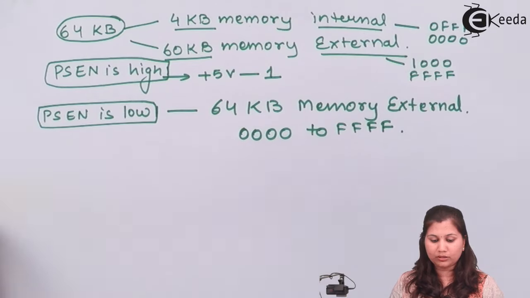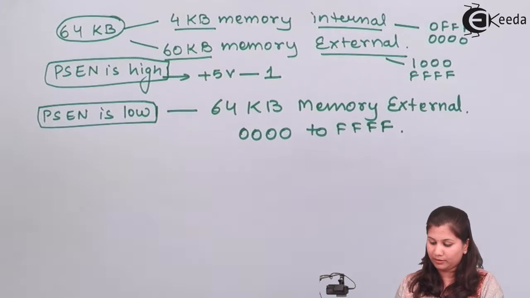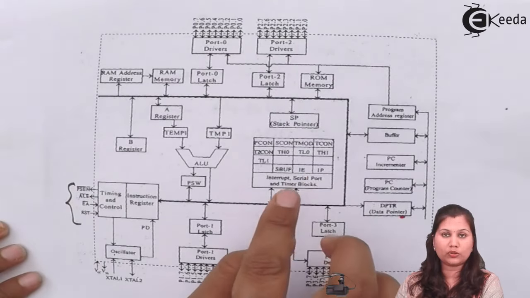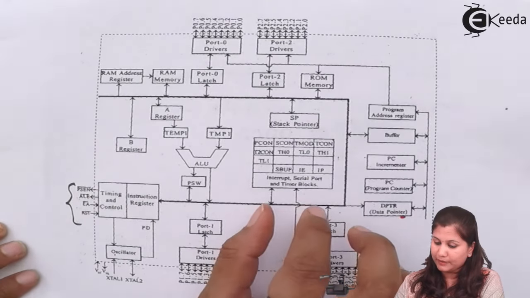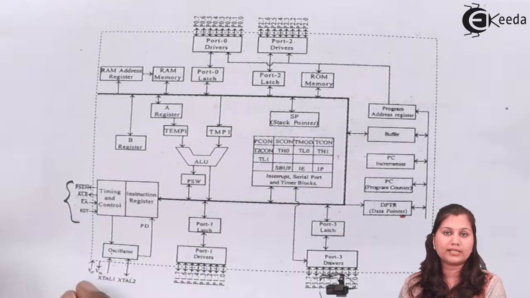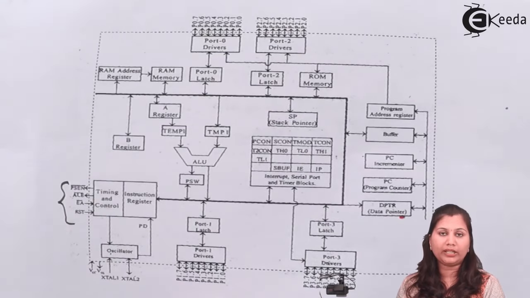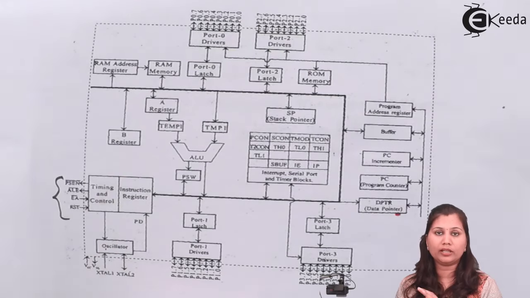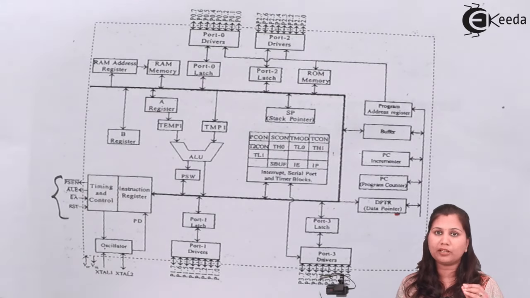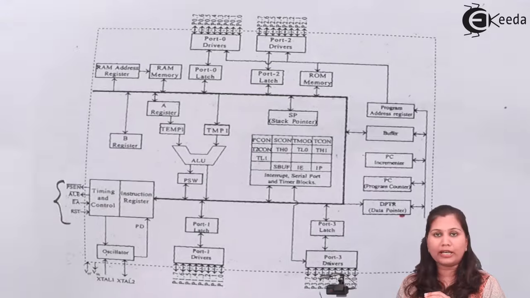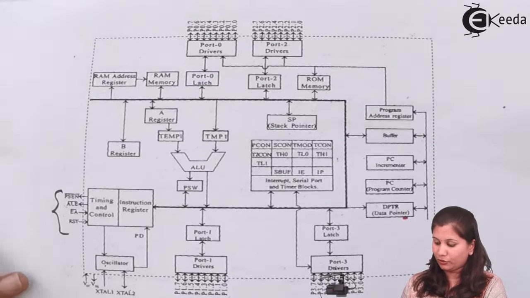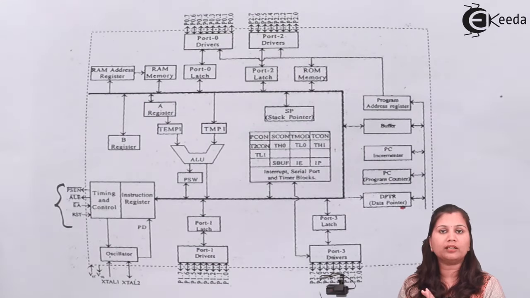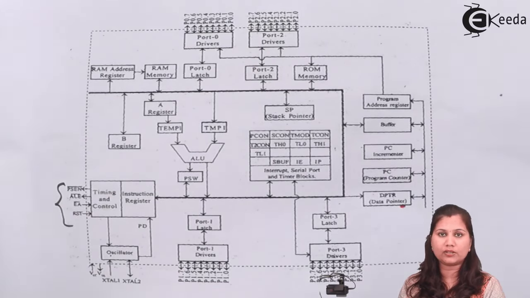Now coming to the block diagram again. In the block diagram, we also have the interrupts block. Each interrupt is assigned a subroutine, and whenever that interrupt is executed, the subroutine will be called, which is stored at some specific memory location. So for every interrupt in the 8051, we have a specific memory location where the subroutine is stored.